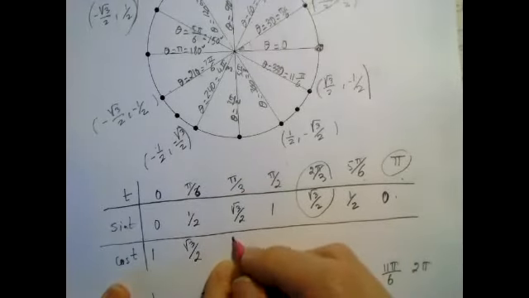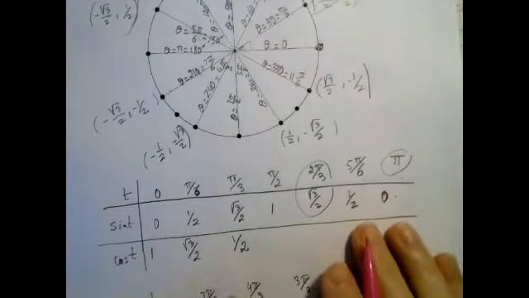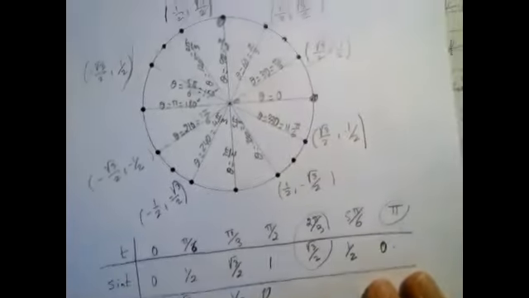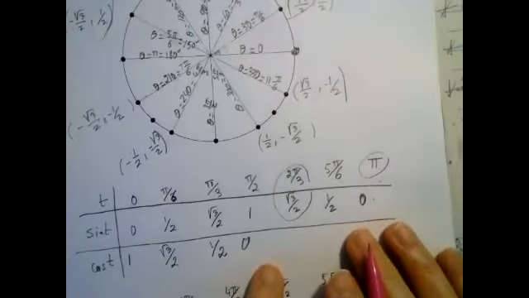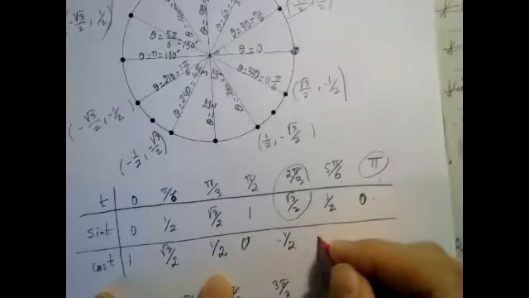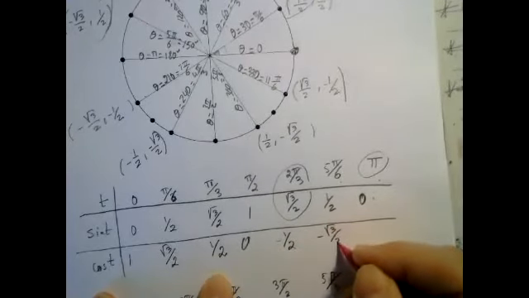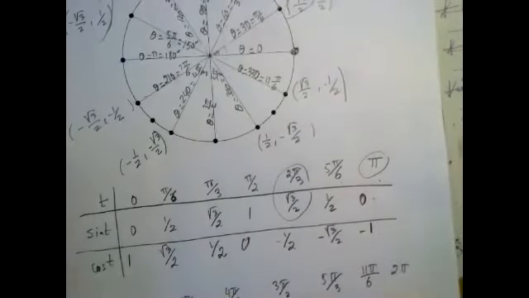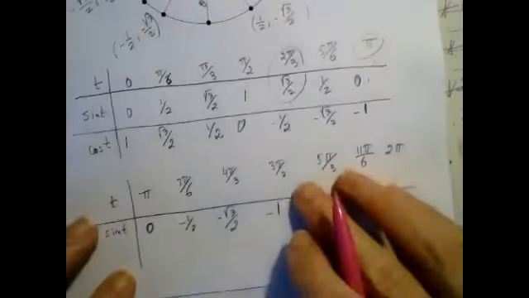Cosine pi over 3 is the x-coordinate. Cosine pi over 2, the x-coordinate of this point up here, is 0. At 2 pi over 3, the values start flipping: that's minus a half, that's minus square root of 3 over 2, and pi gives me minus 1.